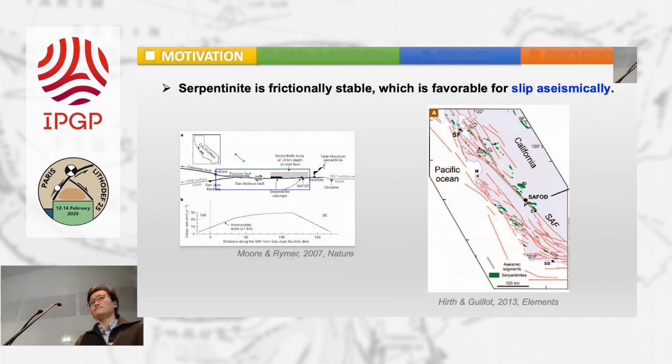Back in the 1940s, geologists already proposed that the serpentinite distributed in this section, shown as these green patches in this figure, may contribute to the high creep rate along this section. After this section, with the disappearance of serpentinite, the creep rate decreased very quickly.